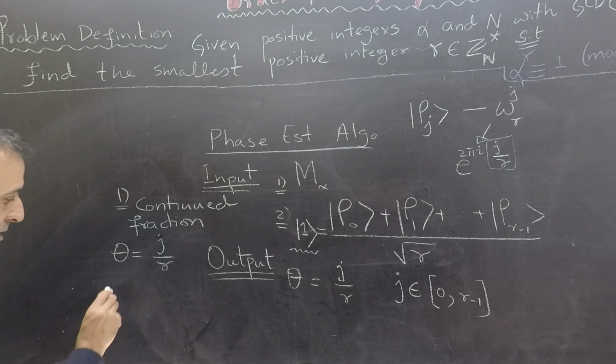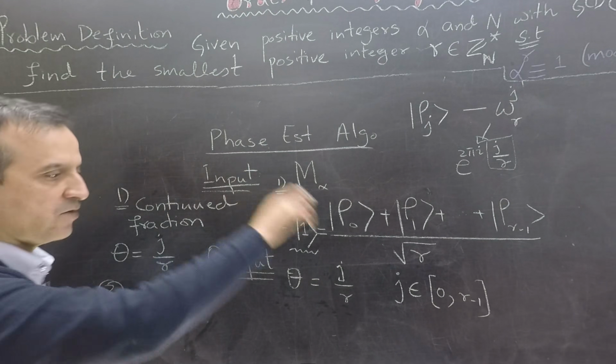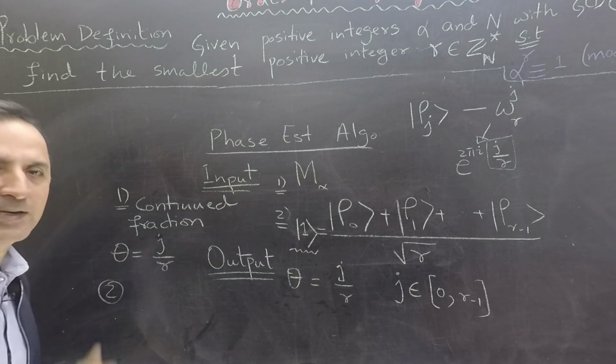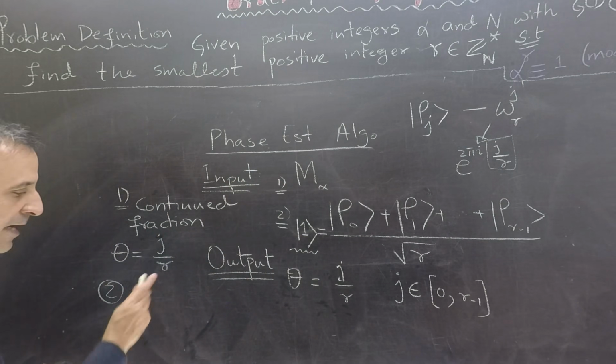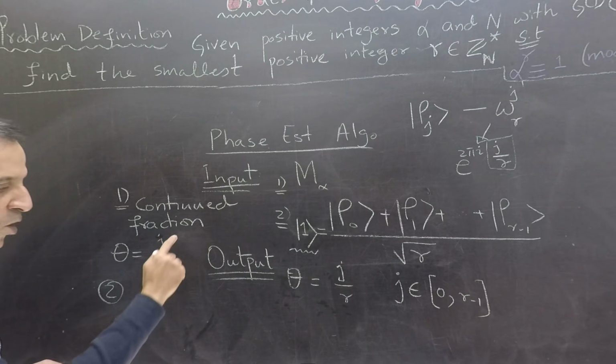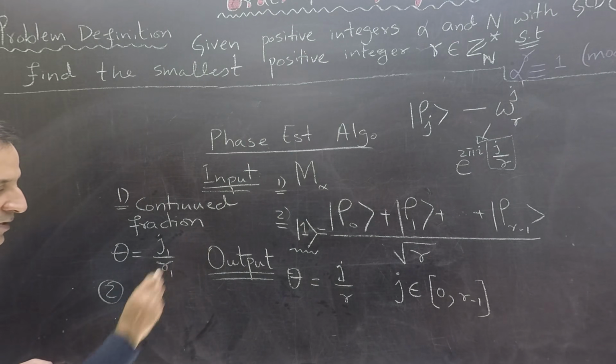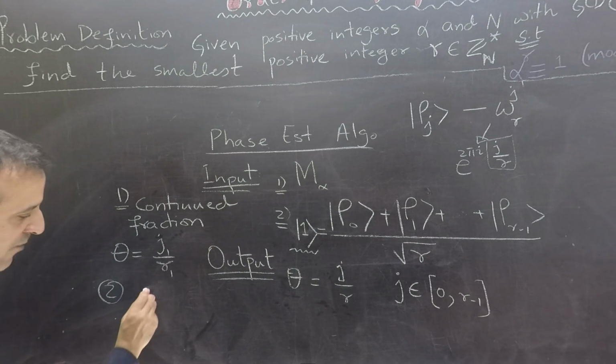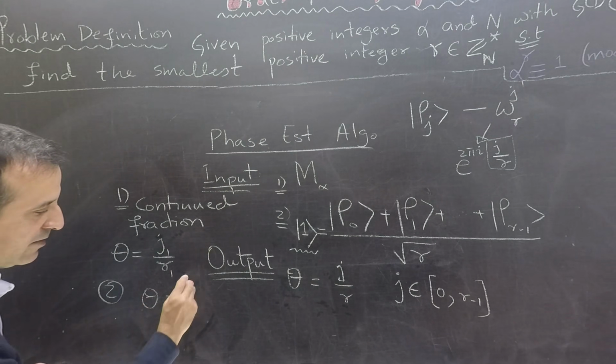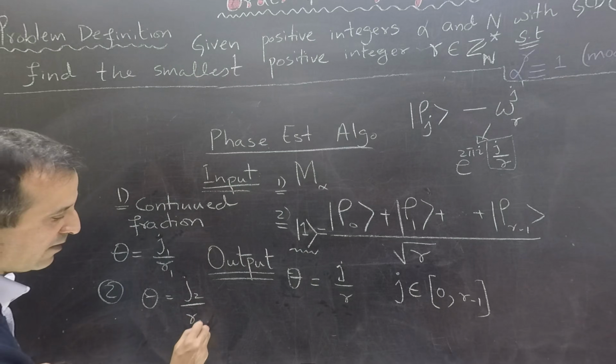So what we will do in step 2 is rerun this algorithm multiple times and we will get different values of denominator and numerator. Let's say maybe j1 and r1. Next time we will get theta equal to j2 and r2.